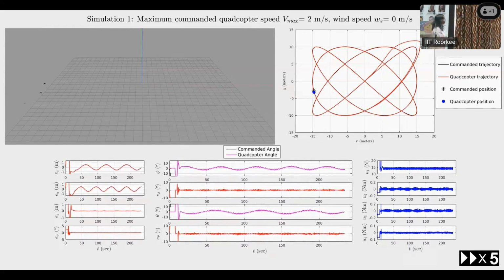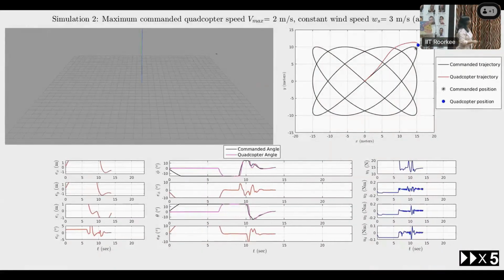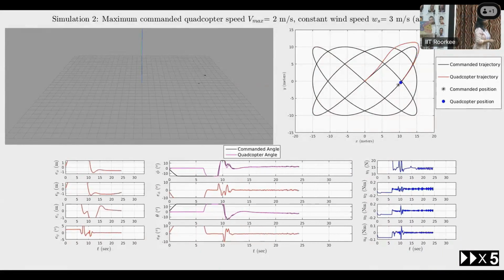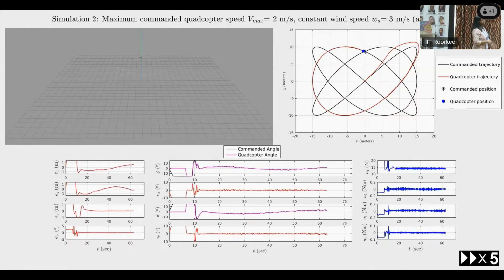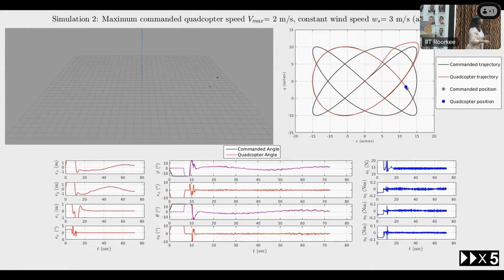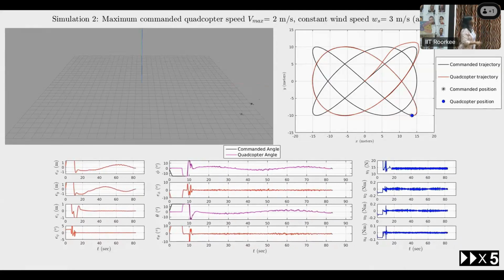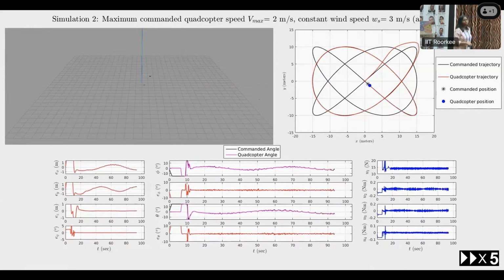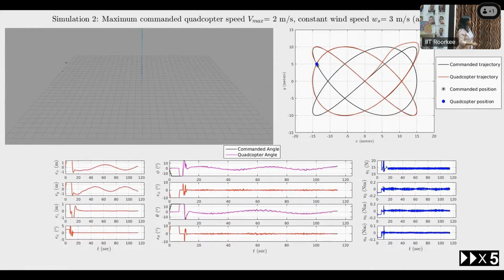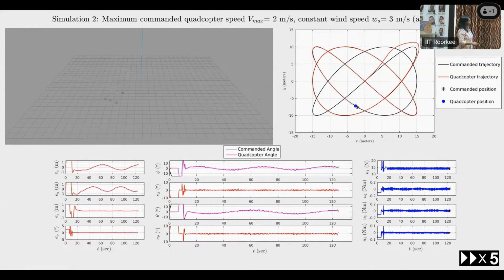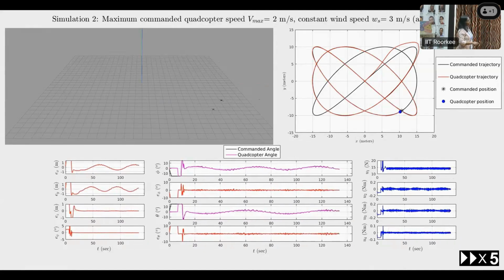Now this is simulation 2, where the maximum speed of the quad rotor we have fixed as 2 meters per second. If you remember, this is that Vmax, and a constant wind of 3 meters per second we have applied along the positive x direction. You can note that this curve is such that the turning at this point is more, right?